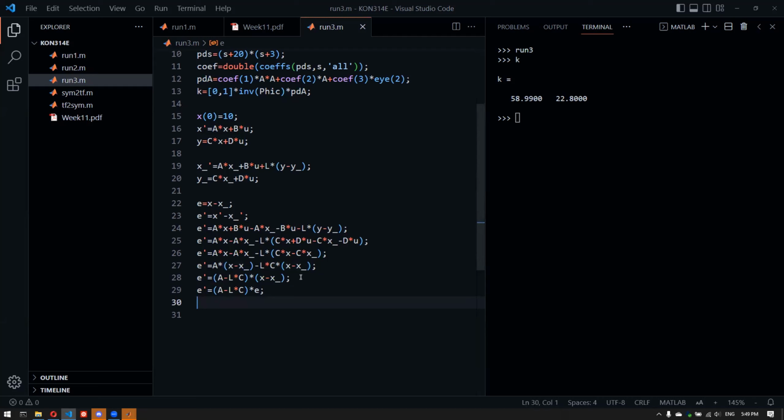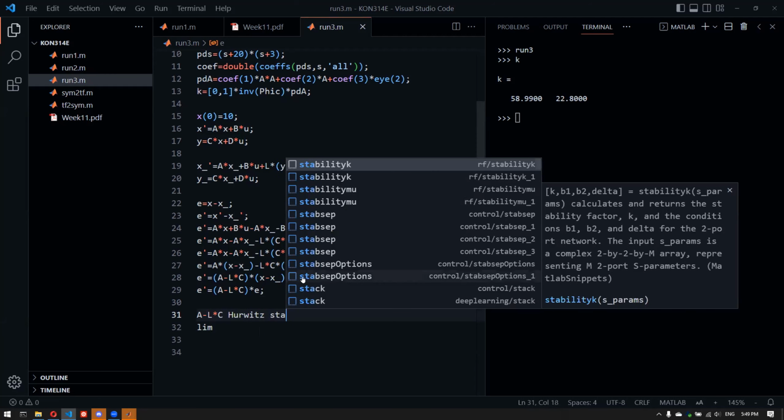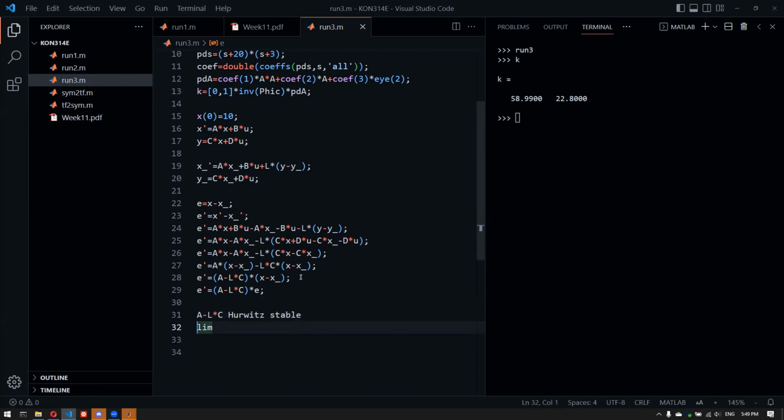Now we can state the following. If A minus LC is stable, or Hurwitz stable, if this is a stable matrix, or if the eigenvalues are on the left half plane, then as t tends to infinity, the limit of e(t) will tend to 0.